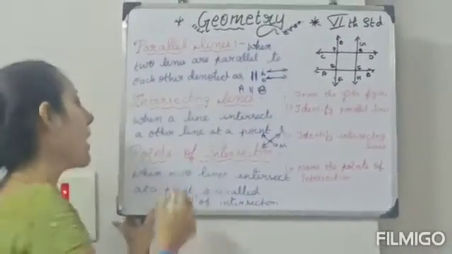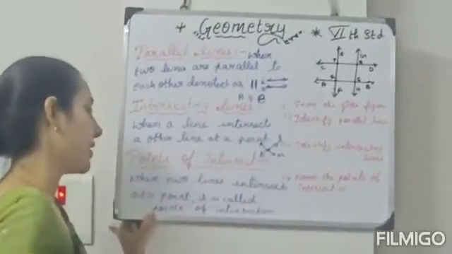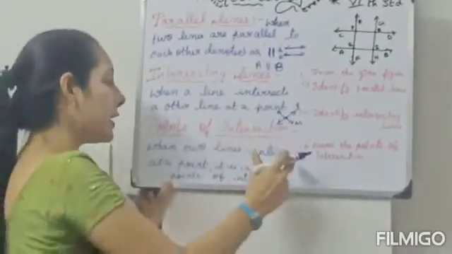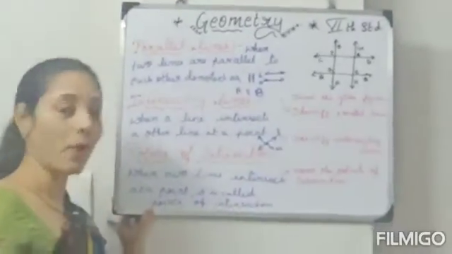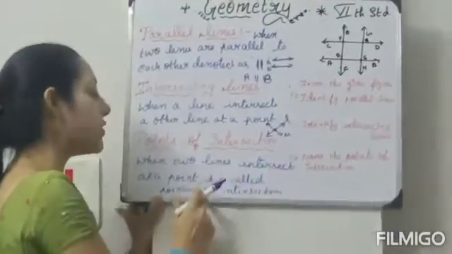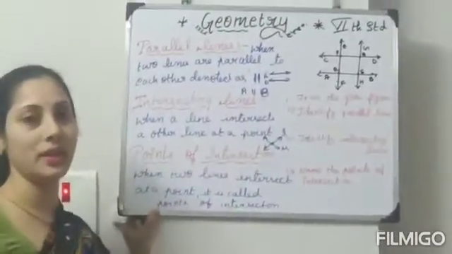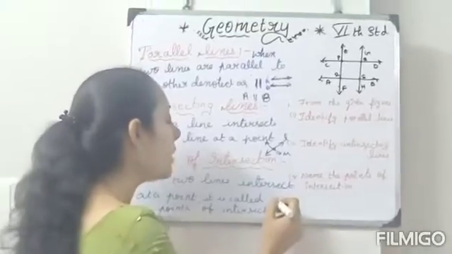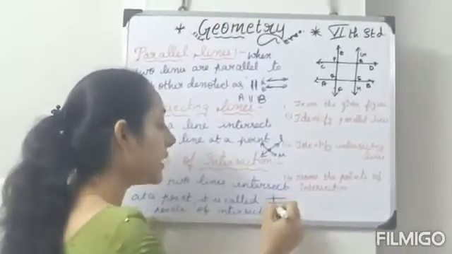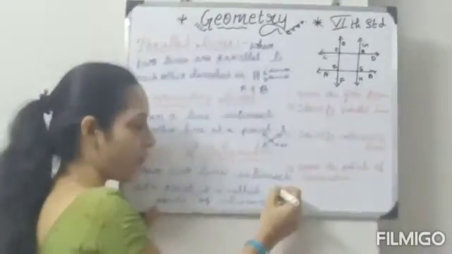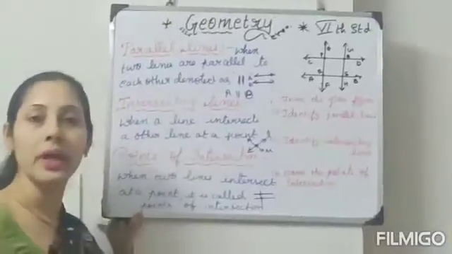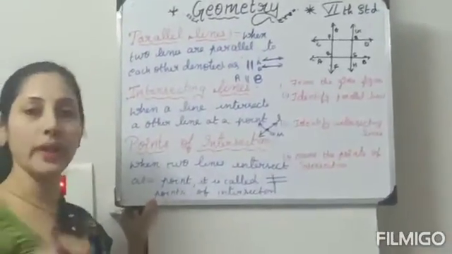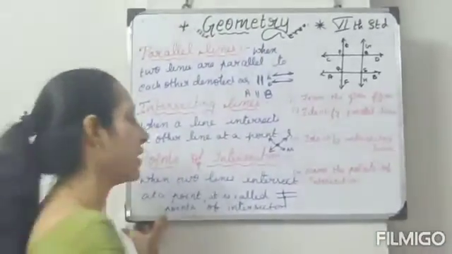Is it clear? Points of intersection. When two lines intersect at a point, it is called the point of intersection. For example, these are the points. You intersected this one, so this is one point, this is another point. So, it is called points of intersection.